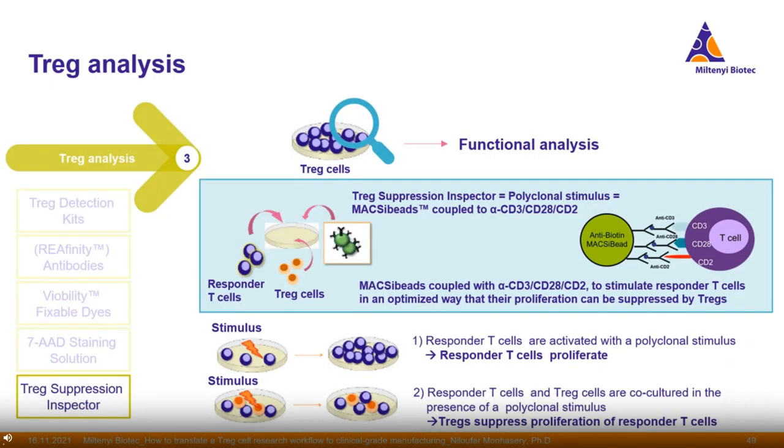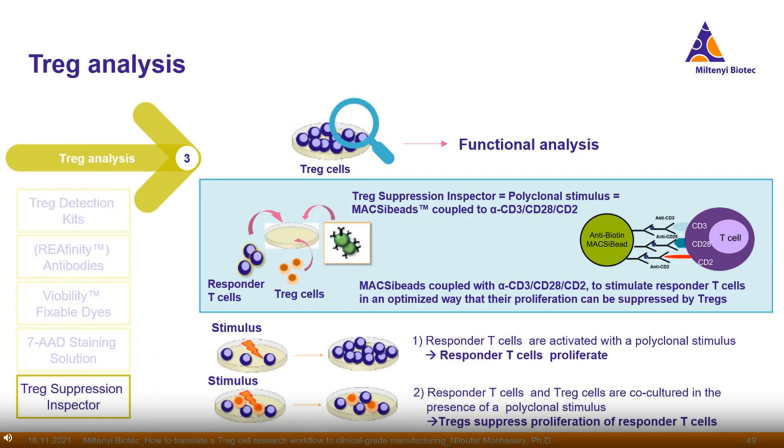And also you can analyze the functionality of your Tregs. Treg Suppression Inspector is a polyclonal stimulus that are MACSibeads coupled to anti-CD3, CD28, and CD2. These MACSibeads coupled with anti-CD3, CD28, and CD2 stimulate your responder T cells in an optimized way so that they can proliferate.